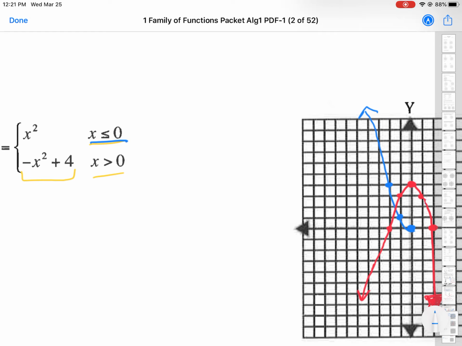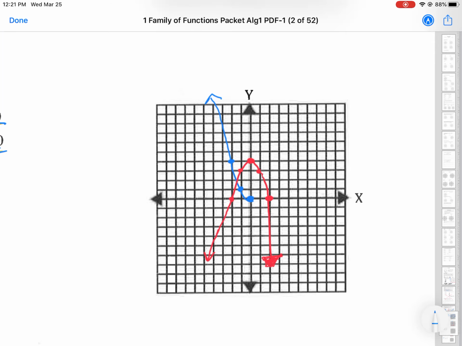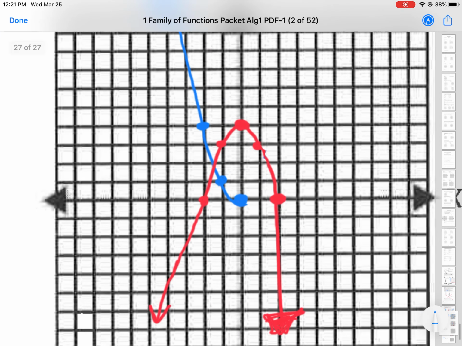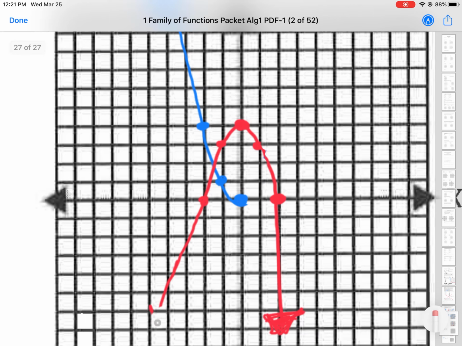Now, for negative x squared plus 4, that domain value, as you can see right here, is x is greater than 0. So I want all of this red graph when x is greater than 0. So that means I want all of the x values on the right side because all of the positive x values will be greater than 0. So I'm just going to erase now the left side of my graph for my red one. Get rid of all that.